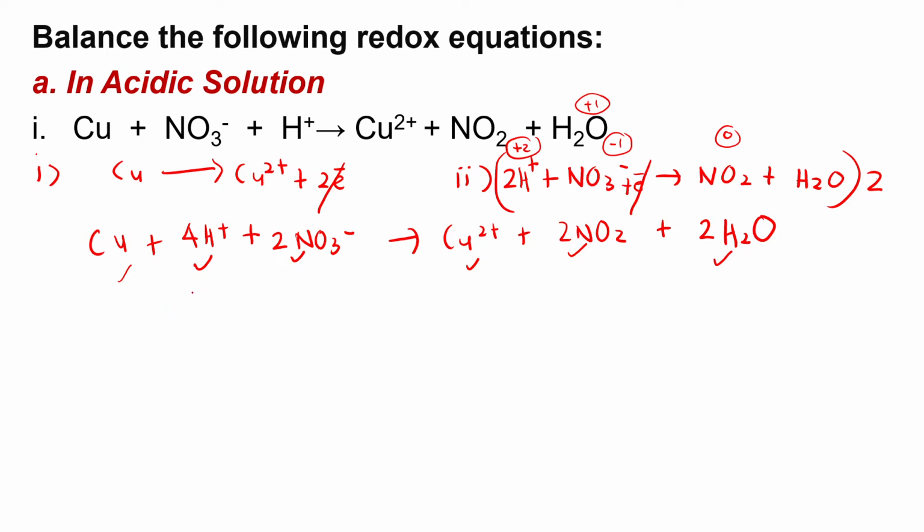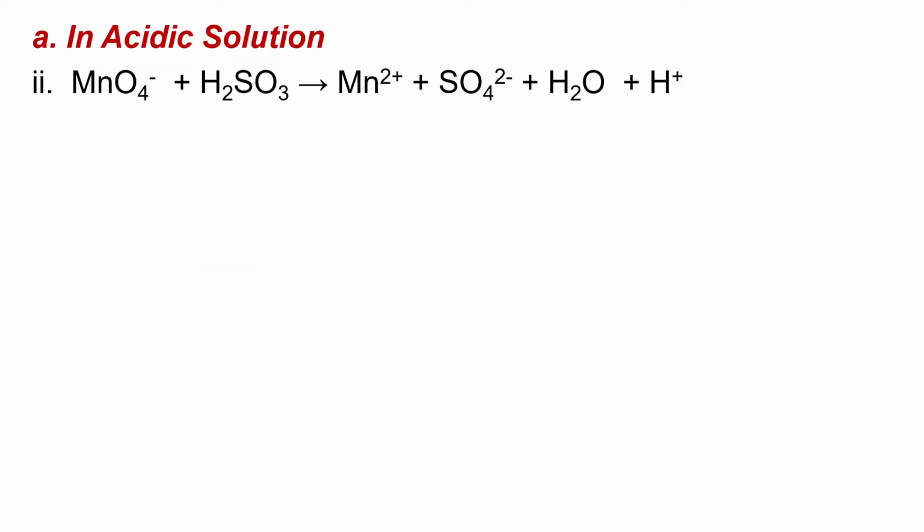So check for charge: plus 4, negative 2, so overall plus 2, and here plus 2. Okay, so this is the answer. And to check whether the overall equation is correct in acidic solution, we have 4H+ at the end of the equation. Okay, next the second equation.